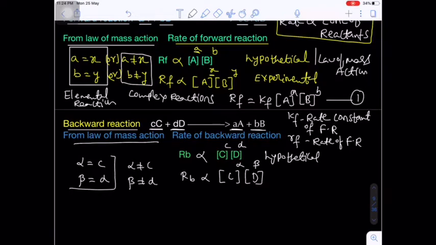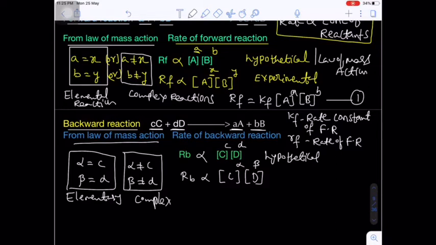This is corresponding to elementary reaction and this is for complex reactions. Are you getting my point? In elementary reactions, the stoichiometry and the powers are the same, but in complex reactions the stoichiometry and powers are completely different.